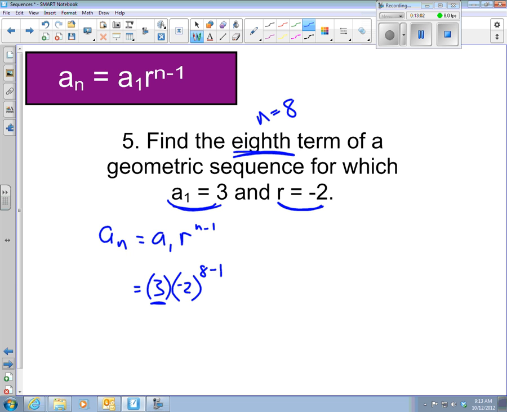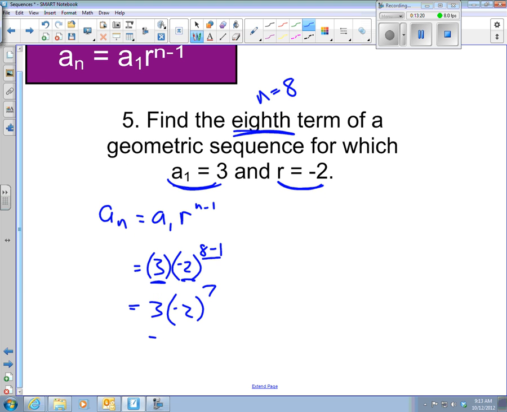Now the 3 here is not to the 8 minus 1 power, it's the negative 2. So when you simplify it down a little bit, it's going to be 3 times negative 2 to the 7th power, since 8 minus 1 is 7. And once again, the 3 is not to the 7th power. The negative 2 is.